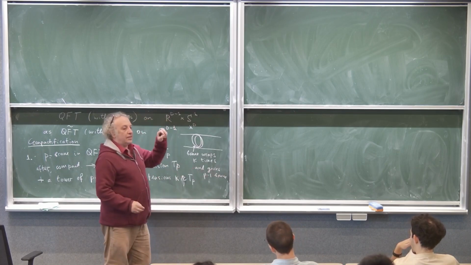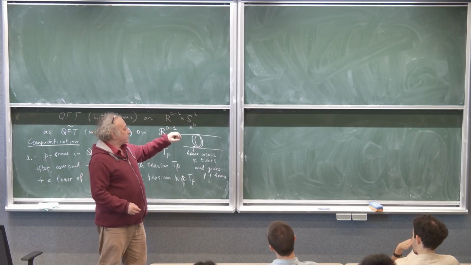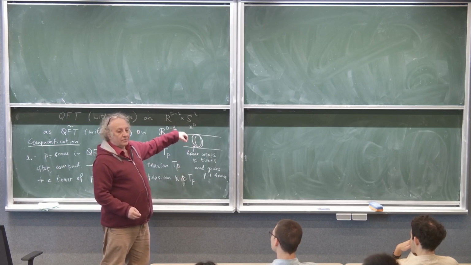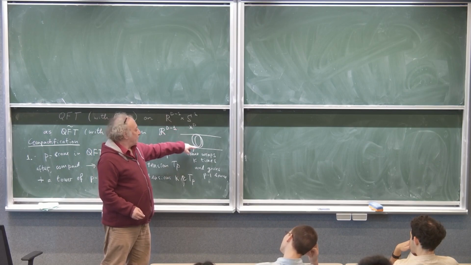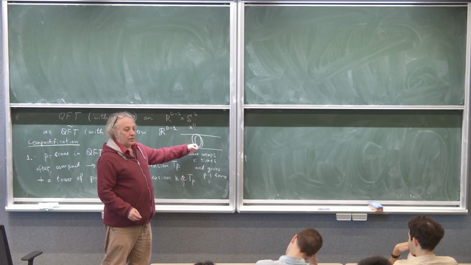The simplest example is if you have a zero-brane, that is like a particle, then this particle makes a loop and we have a point.